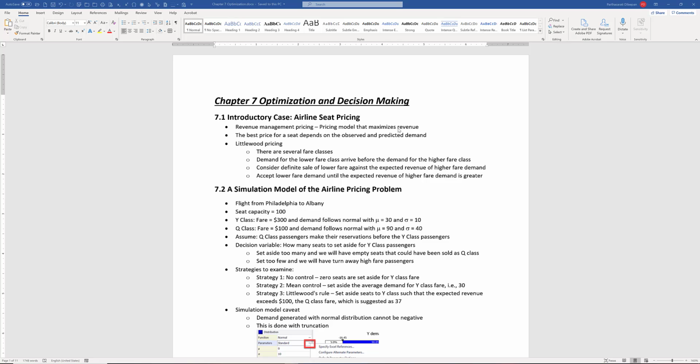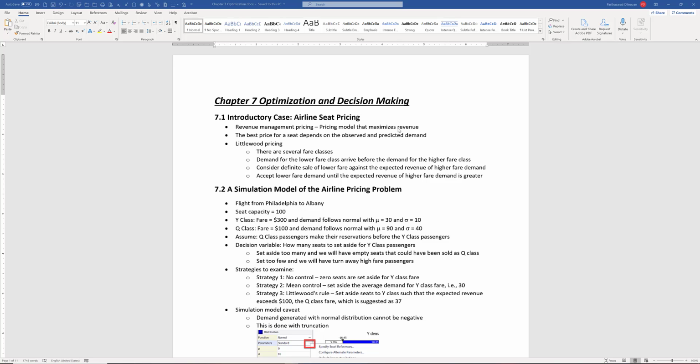And then, of course, there were models of time series type where we are simply trying to predict what the future will be like. In this chapter, we're going to be looking at models where we have to make a decision. It may be a decision as to how much to produce, or in the case of a pricing model, what should be the price at which we sell our product, and things like that.